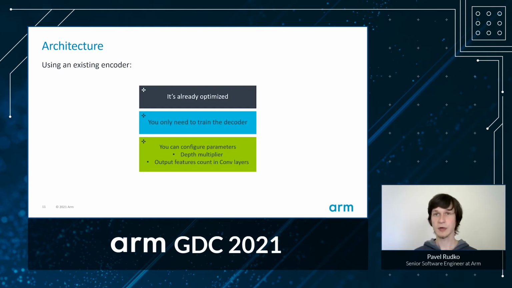Also, it is worth trying to experiment with the number of layers in the encoder, which is known as depth multiplier. And it can allow you to achieve good compromise between accuracy and the number of operations. But you can also make the operations themselves lighter by, for example, reducing the number of output features in the convolutional layers.